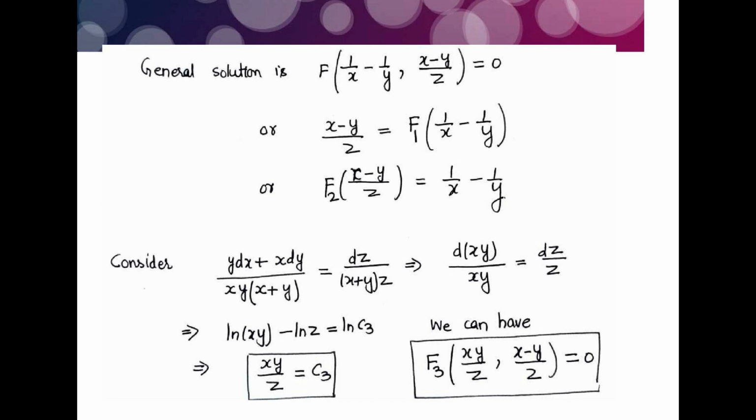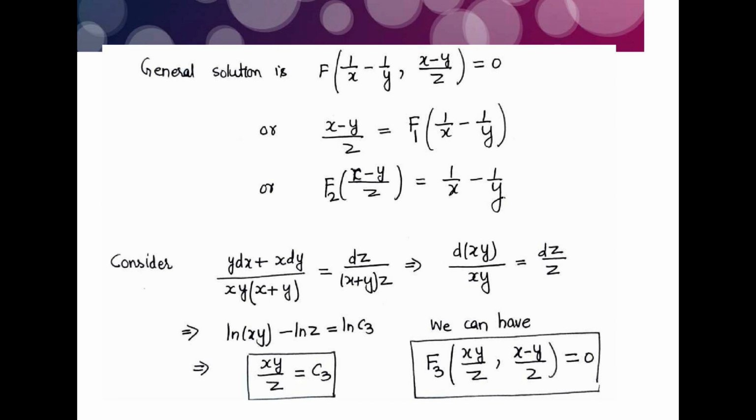y dx plus x dy divided by xy is common, and then we have bracket x plus y. Now I can compare this combination with dz term, and now x plus y in the denominator is same, so we can cancel out, and finally I can write down the numerator with dy and dx as differential of xy divided by xy.